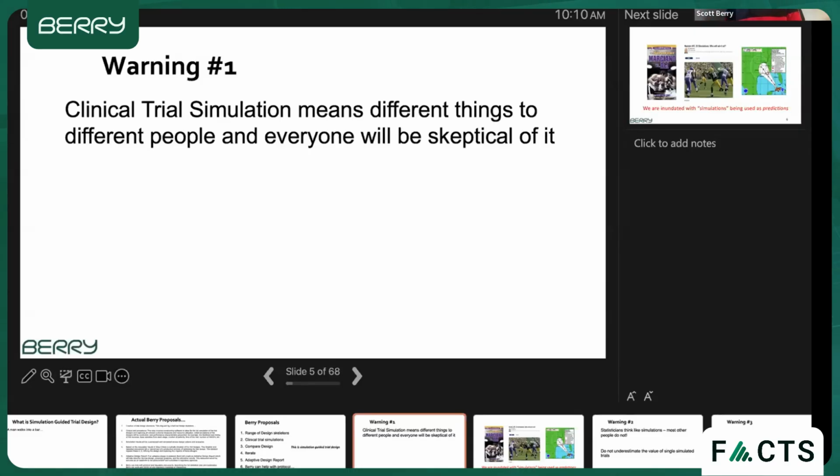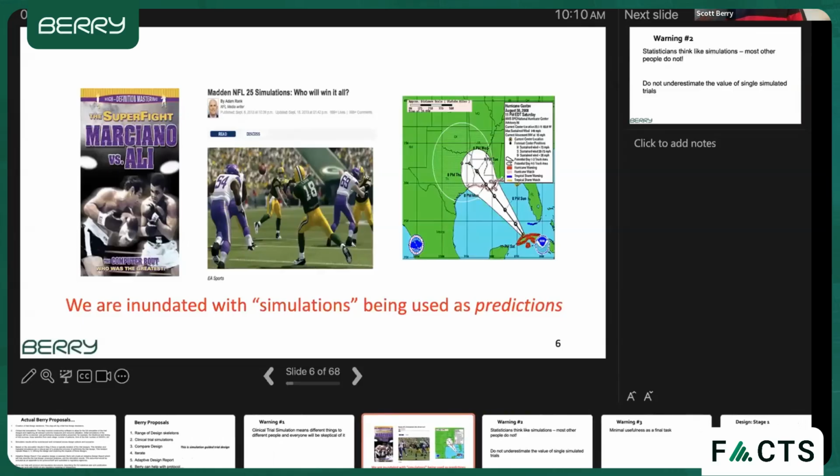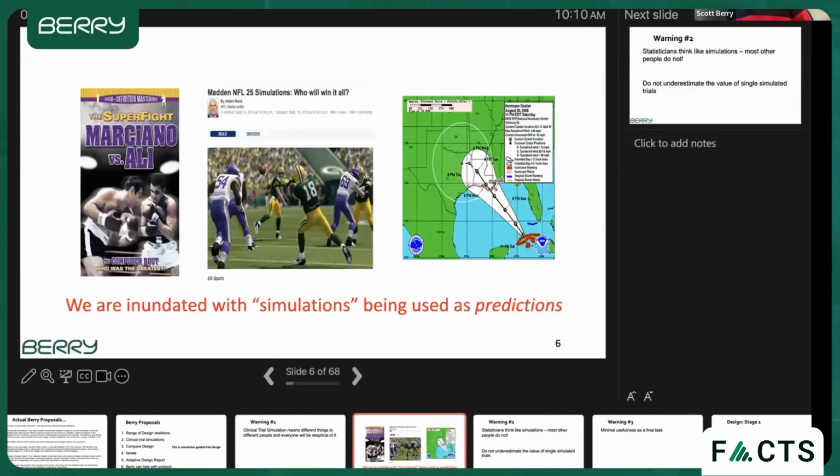They're doing prediction. Many people think simulation is about prediction. If you go into common things that we see and read about it, every NFL season that starts, you'll see simulations of the season. Who's likely to win, who's likely to win MVP, all of these types of things.